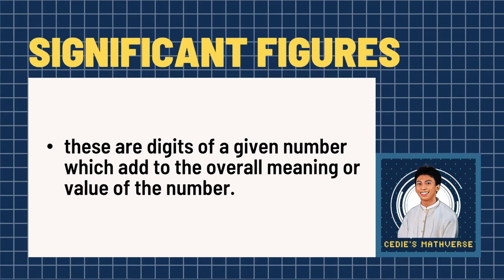But how do we determine which figures are significant and which are not? We have 5 rules which we can use to determine how many significant figures a number has. So let's discuss each rule one by one.